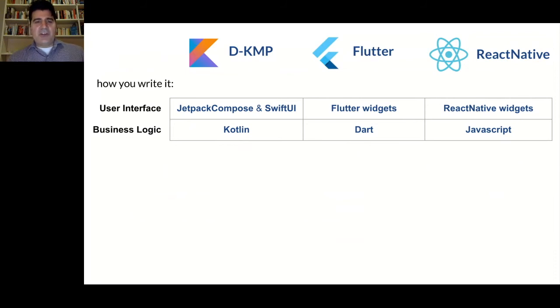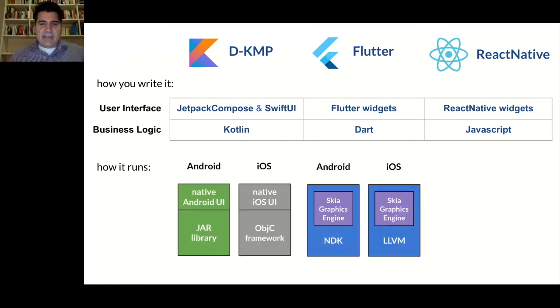For the business logic, we use Kotlin in KMP, Dart in Flutter, and JavaScript in React Native. But it's interesting to see how they run. As we mentioned, in KMP all this business logic is running very natively. It's really like writing an app that is not cross-platform, really native to the platform, which is not the same in Flutter.